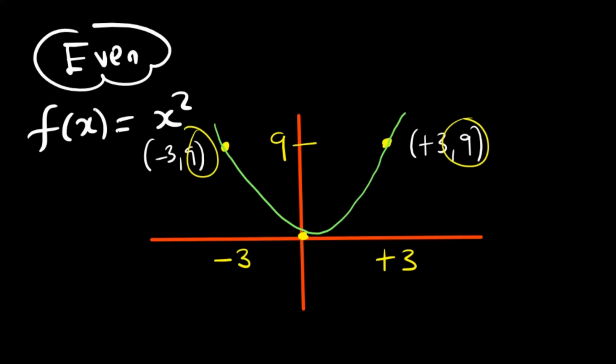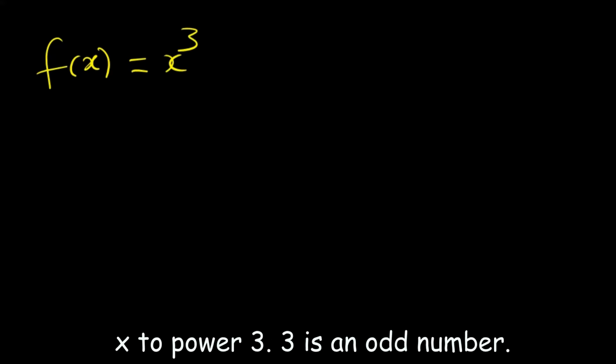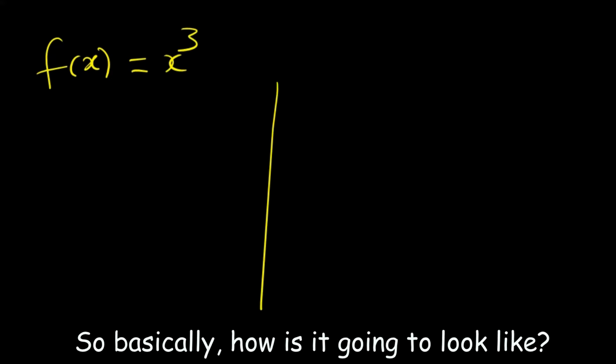Then for an odd function, it is going to be a bit different. In x squared, 2 is an even number, so basically that's how the function goes, like that. But if we have f of x giving us a cubic function, x to the power 3, 3 is an odd number, so how is it going to look?